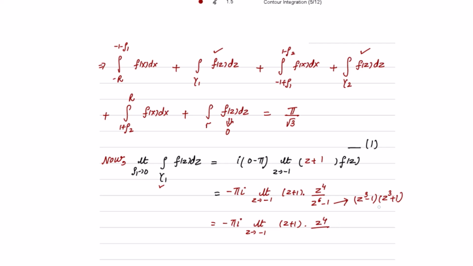Now again, I know that this can further be broken up: this is z^3 − 1, and further I can write z^3 + 1 as (z + 1)(z^2 + 1 − z), the formula. And these two are cancelled out. Now if I put the value z as negative 1 here, I will get my final answer to be equal to πi over 6.